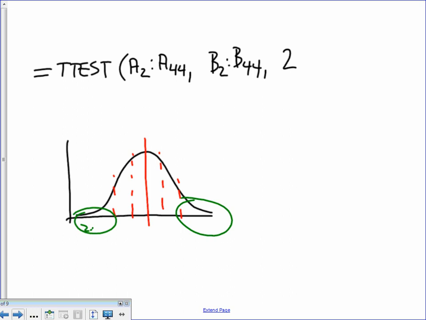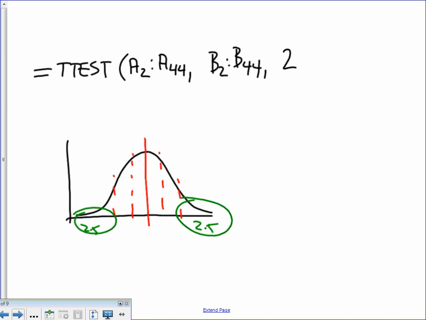That's where 2.5% is, and 2.5%, that's where we get our 5% from, recall. So you have two tails if your data was able to go up and your data was able to go down. In our case, your reaction time could have gone up, your reaction time could have gone down. There are two tails.